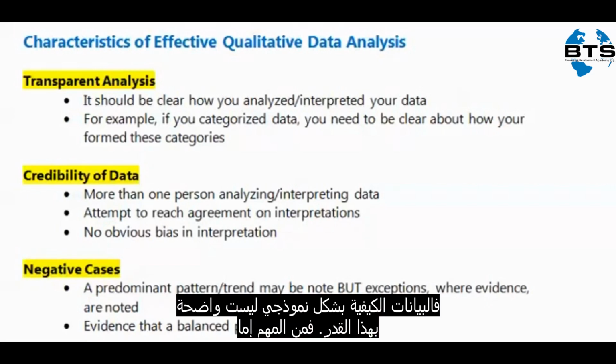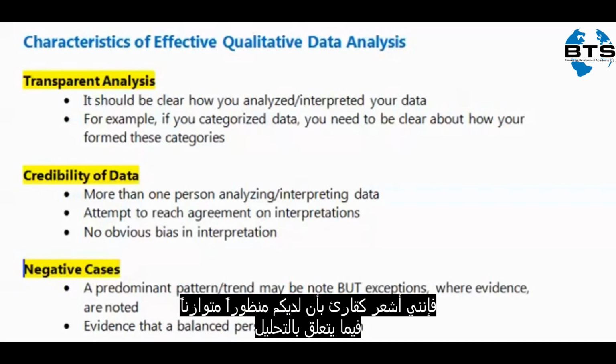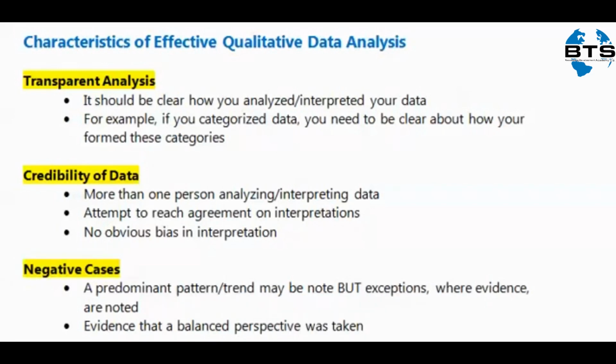Typically, qualitative data isn't that clean. So it's important to, even though there may be a predominant trend, to identify cases that actually go against that trend, or what I'm calling negative cases, so that I feel as a reader that you have a balanced perspective in terms of your analysis.